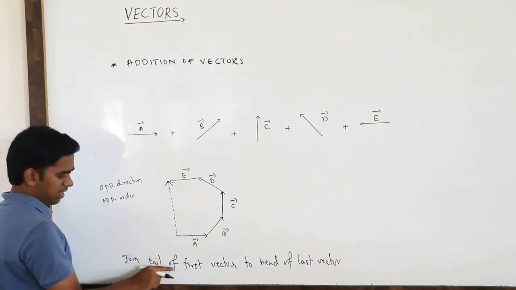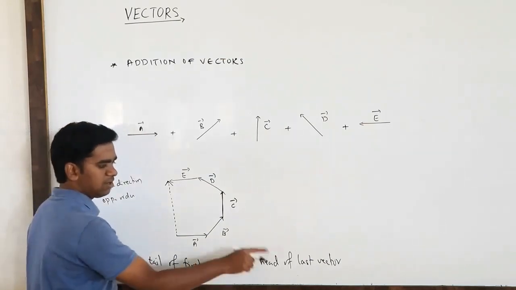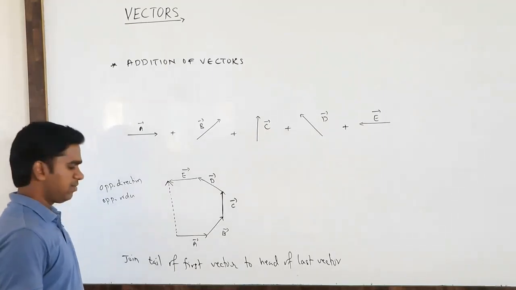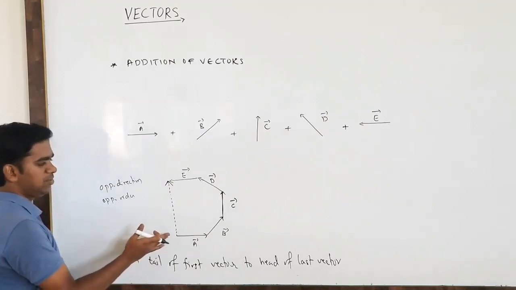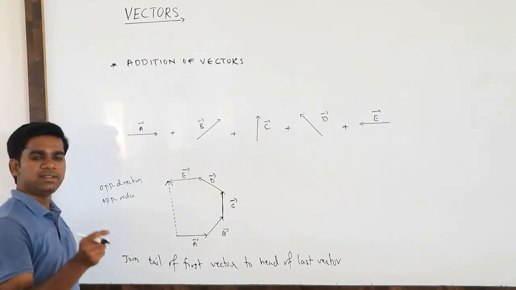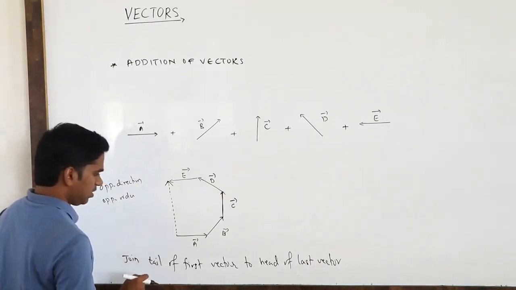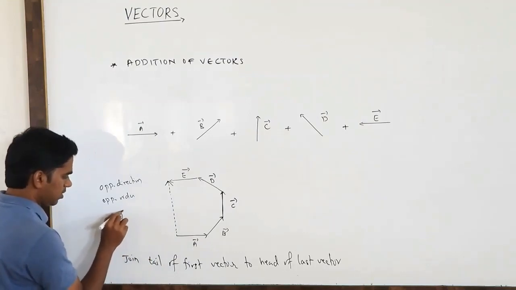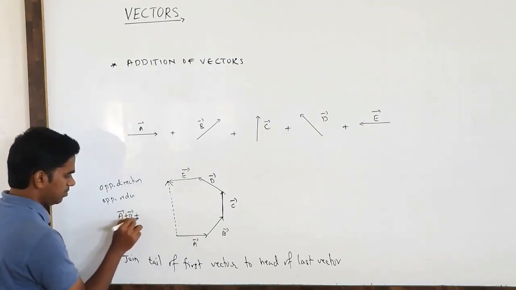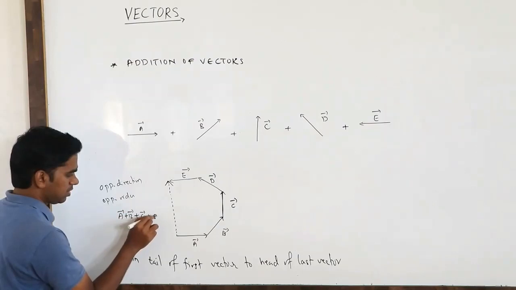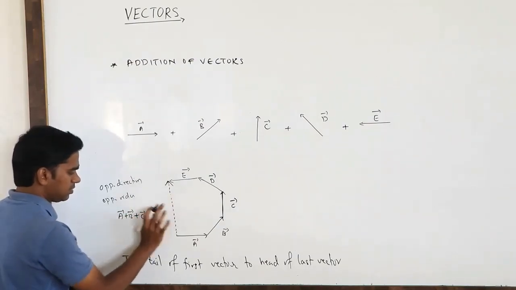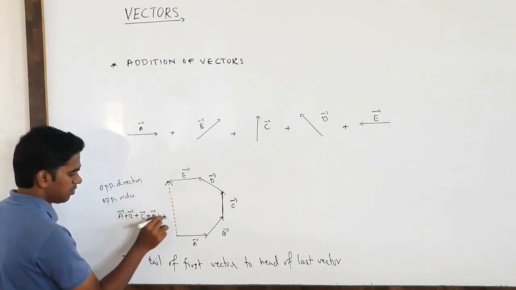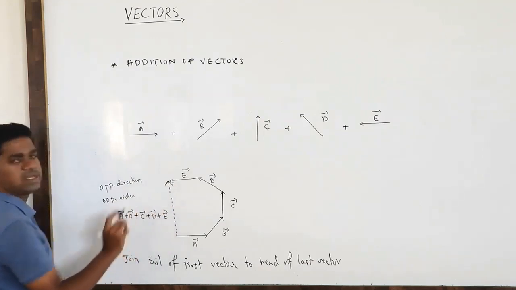So join the tail of the first vector to the head of the last vector. That will give you the resultant, but taken in the reverse order. So this is your resultant. What is this? This is nothing but vector A plus vector B plus vector C plus vector D plus vector E. This is the result.